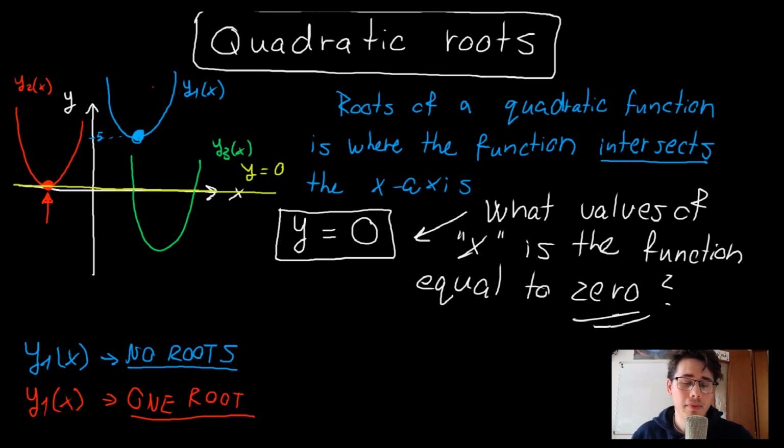What is a root? Again, it's the value of x that, when we plug it into the function, and this is 2, is equal to 0. So we have a point of x. This is x.